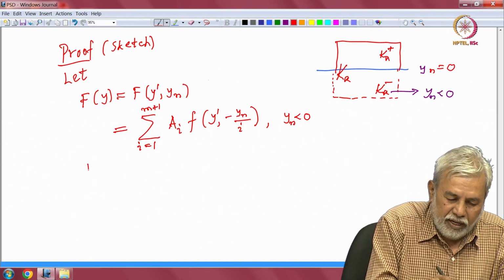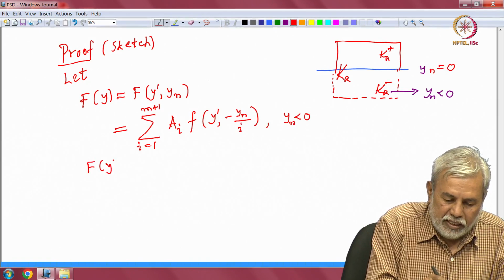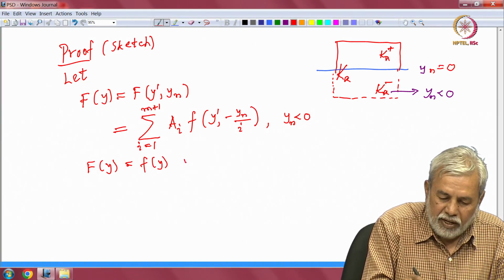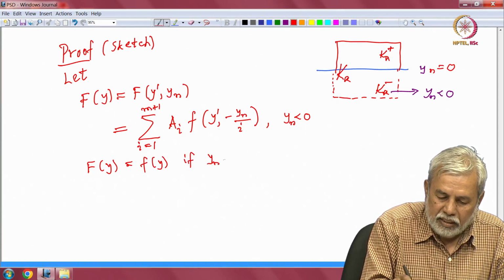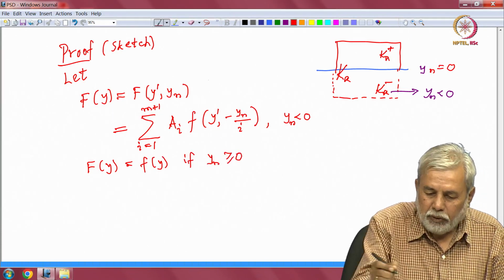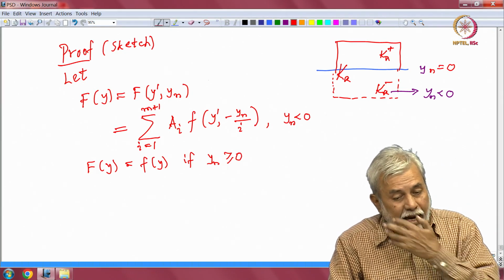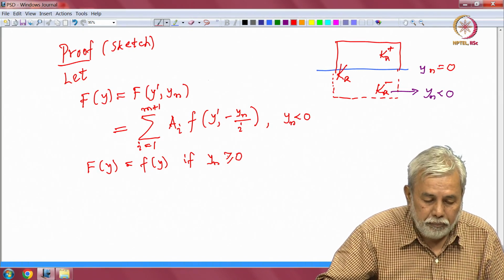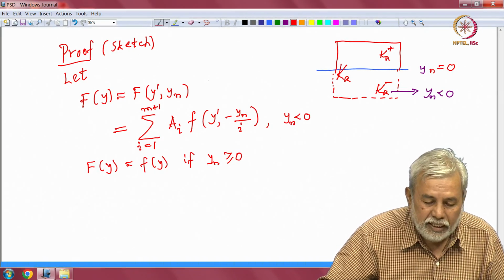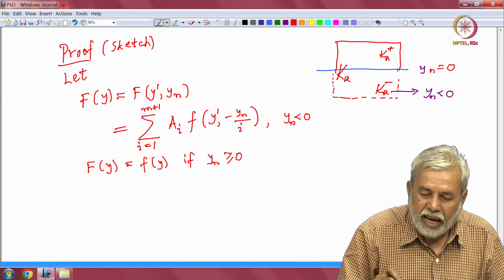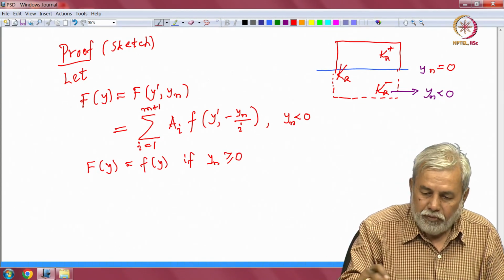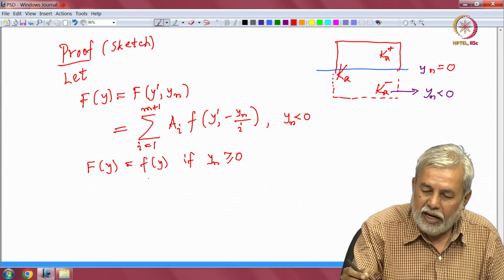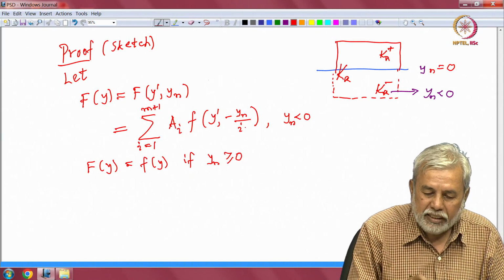And of course F of y is just the same as little f of y if y_n is greater than or equal to 0. In this way we are making an extension of the given function little f to this K_a. For y_n non-negative it is the same as f, and for y_n negative we are making this definition.